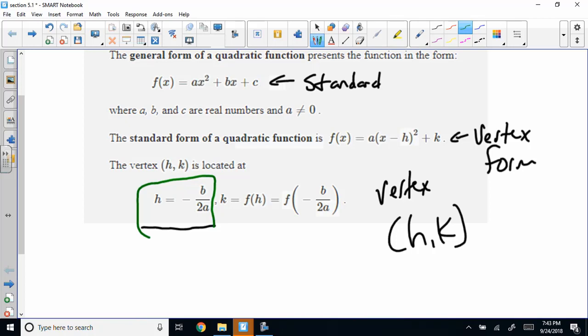And then f of h means you take that output and plug it in as the input of the function itself. You're taking an input, finding an output. So you find what h is and then plug it back into the equation to find the output, which would be k.